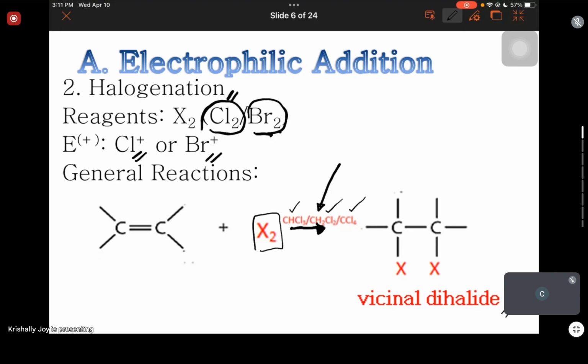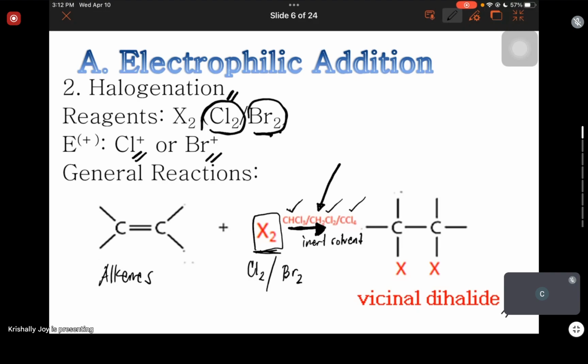So paano ba yan? Okay, example sa chemical reaction. Any alkenes, nireact siya with halogen. Okay, kahit anong halogen yan, mapa-chlorine gas or bromine. Tapos nakita nyo sa arrow, sa reactant side, na may inert solvent used nga chloroform.